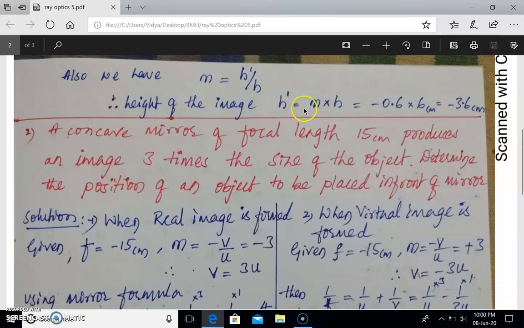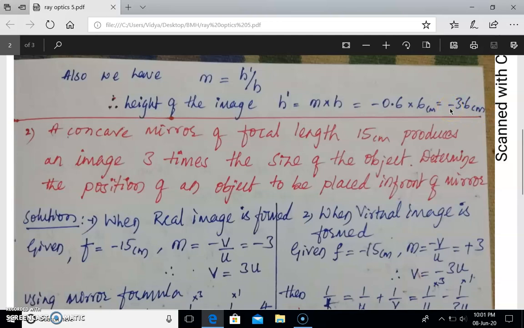Therefore, H dash equals M into H. M is linear magnification, that is minus 0.6, into height of the object, 6 centimeter. The product amounts to minus 3.6 centimeter. So height of the image A dash B dash, that is H dash, is minus 3.6 centimeter.